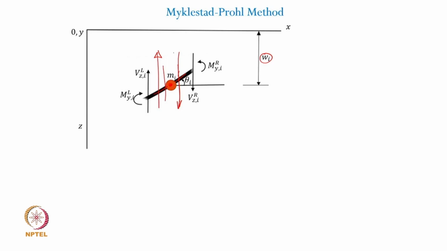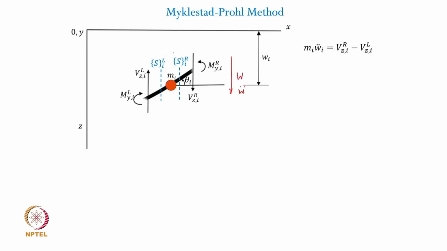If you take the force balance for this dynamic motion, then mass times the acceleration will have to be equal to the net force. The net force is going to be the difference between VZIR and VZIL. So the relationship turns out to be this: mass times acceleration is the net force acting in the direction of acceleration. This is W and W double dot, that's how you write it.